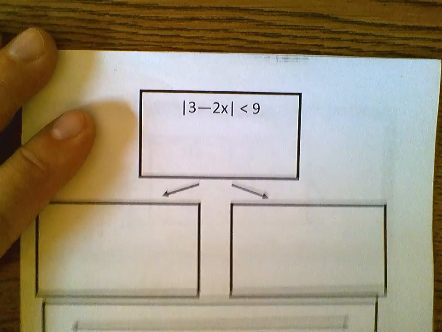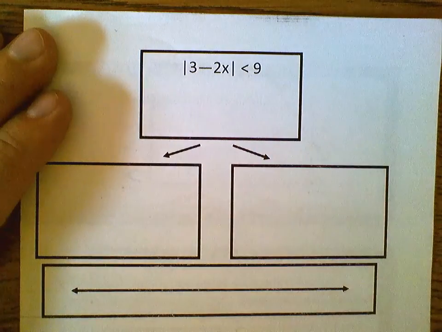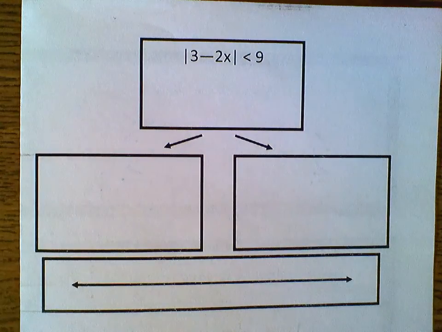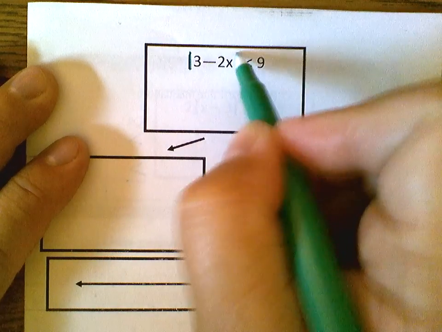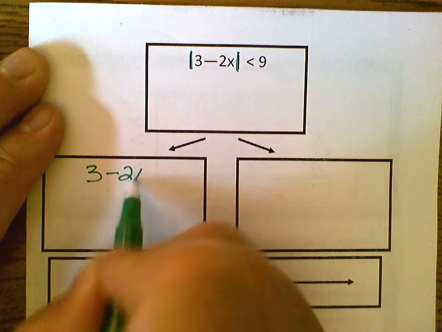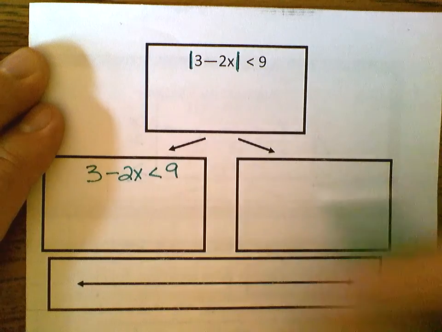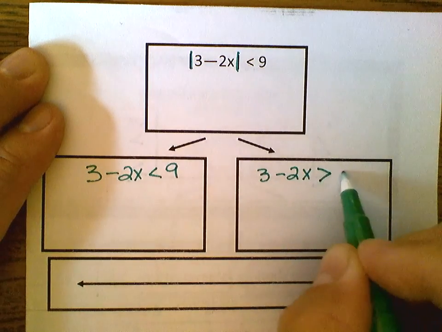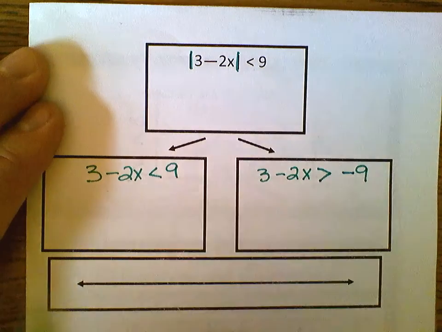And our last example, we do not have to isolate the absolute value first. So I'll rewrite 3 minus 2x is less than 9. And 3 minus 2x is greater than -9.